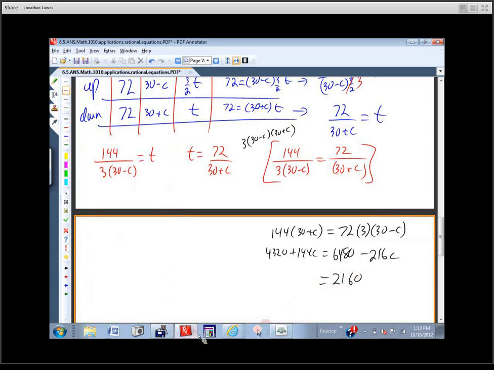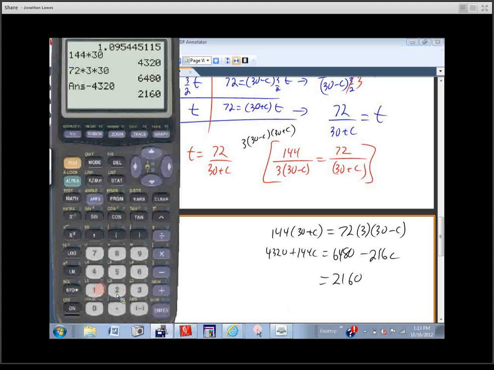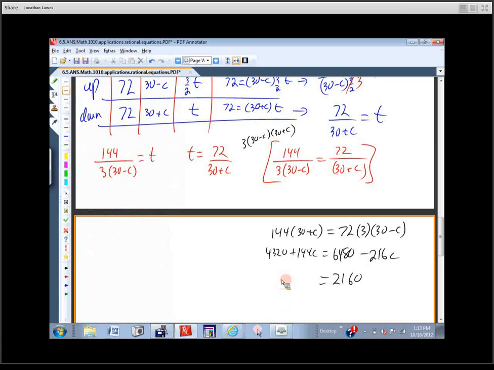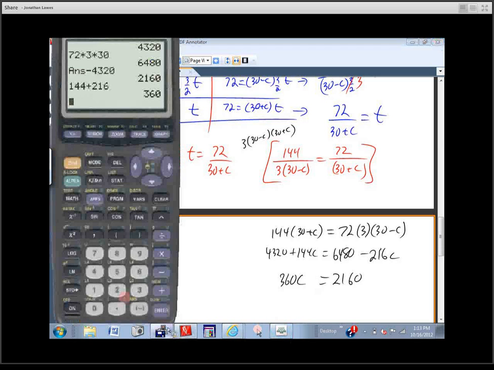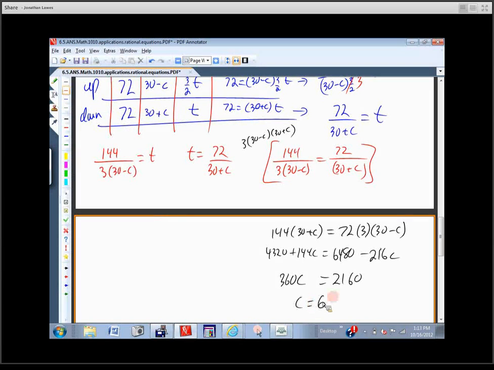And over here, I've got 144 plus 216, 360. So this is 360c. Well, let's see. Does it look very promising? I think it does. If we take 2160 and divide that by 360, what's that? All that work for 6.